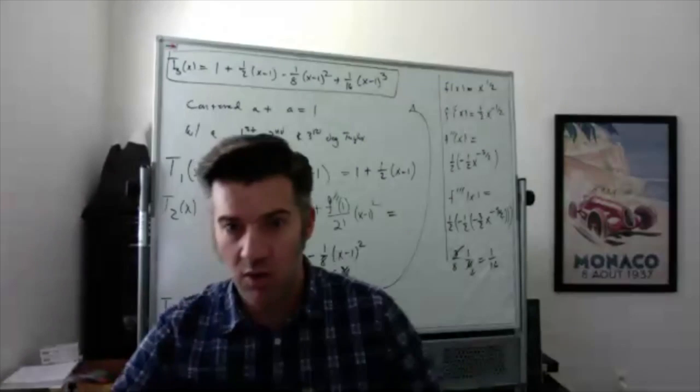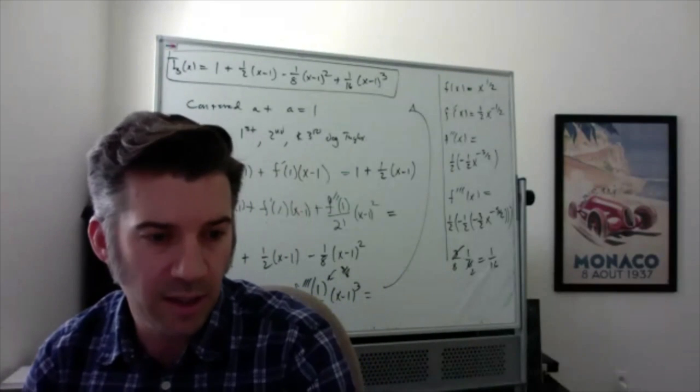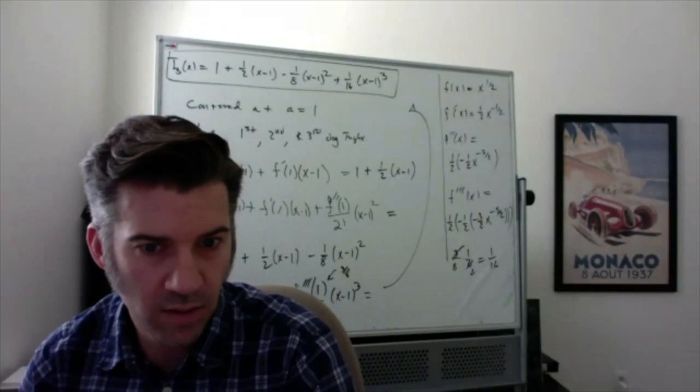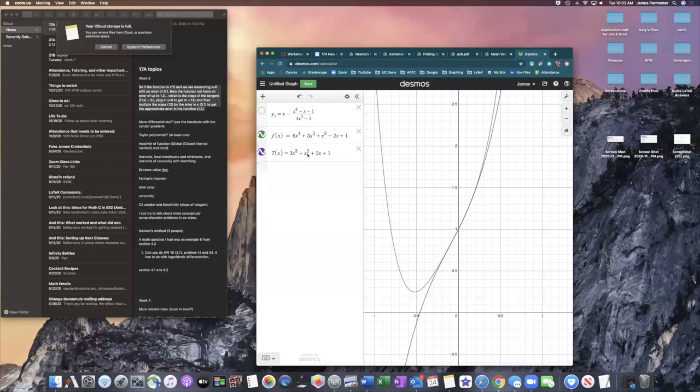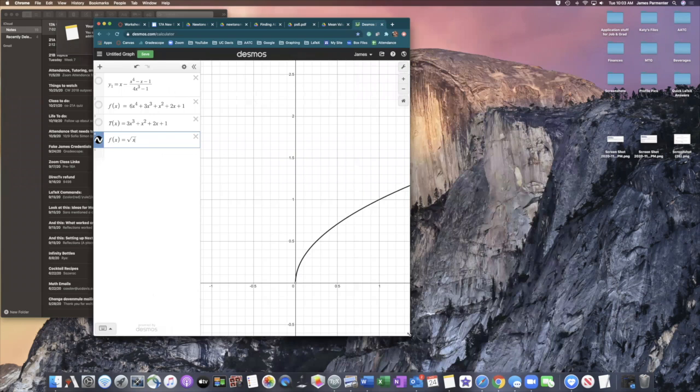And again, I feel compelled to just show you what's happening here. So if we look at the graphs of these things, the function we're approximating is just the square root of x. Let's make this a little bit bigger.